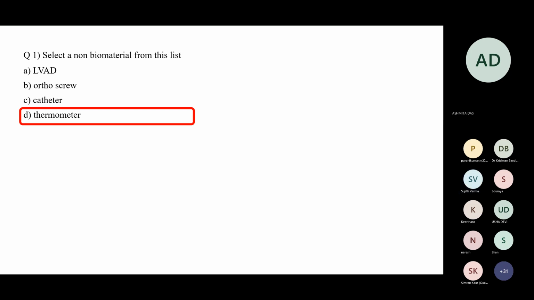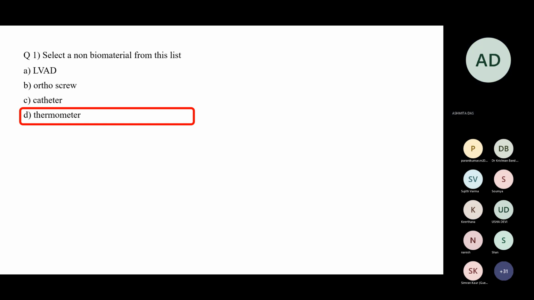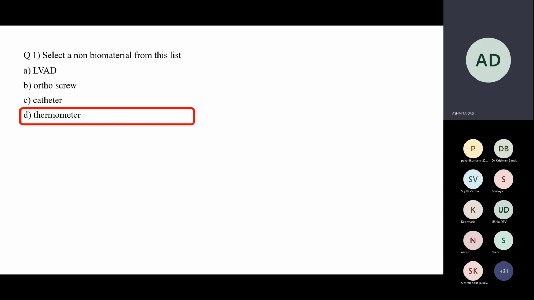But as per recent studies, biomaterials can be used for function or support as well as to diagnose certain parameters like concentration or certain diseases. So we can also include the sensor as a biomaterial.